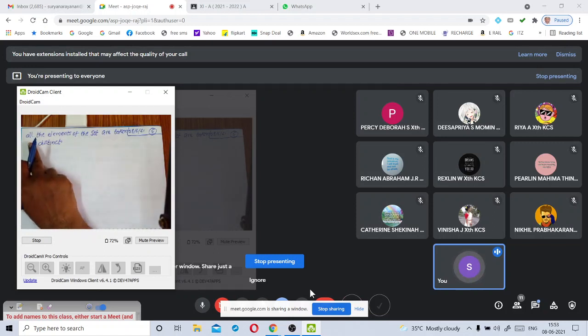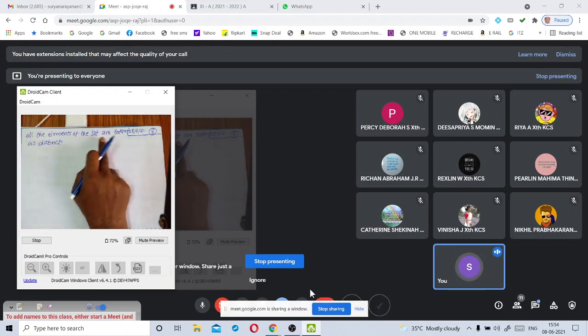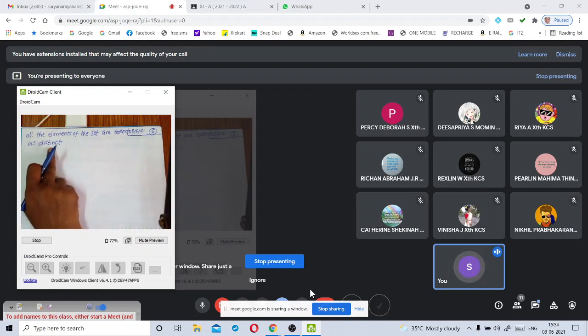When you are representing a set in the roster form, this is the second point. All the elements of the set should be distinct. Let us take an example.